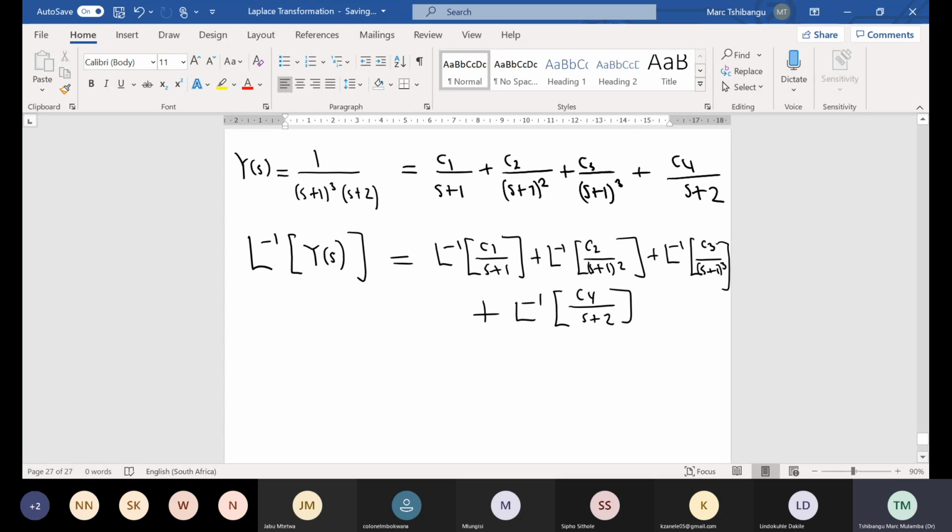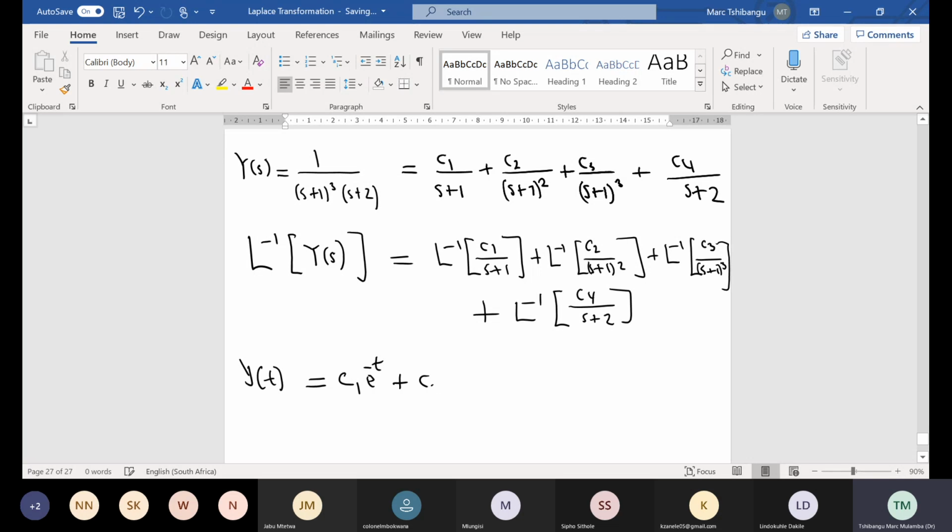So the inverse Laplace transform of this function is y of t. This is equal to the inverse Laplace of the first term, which is C1 e to the power of negative t. We've got plus now. Initially we had a negative sign, and plus this one, it's not in your notes yet, but I'll send you a condensed table.